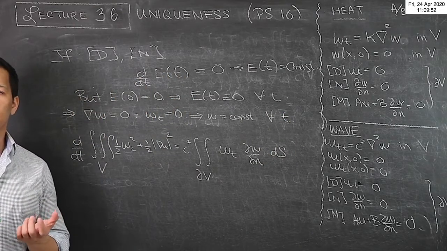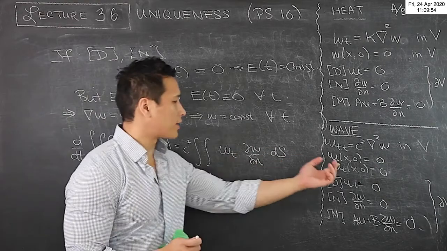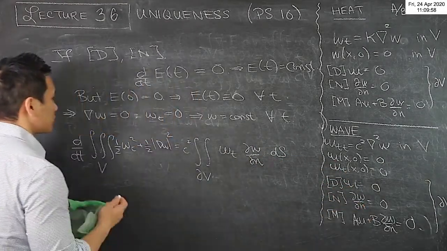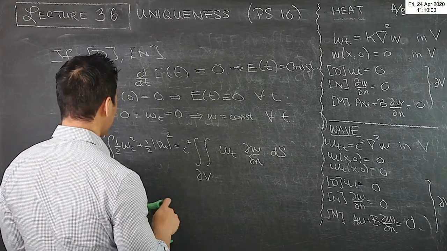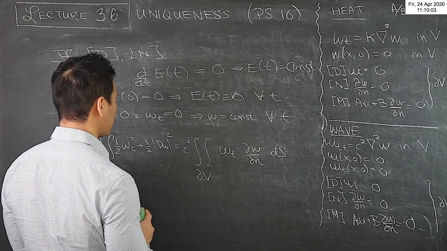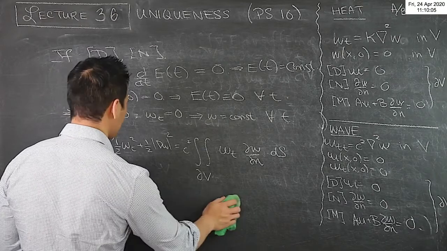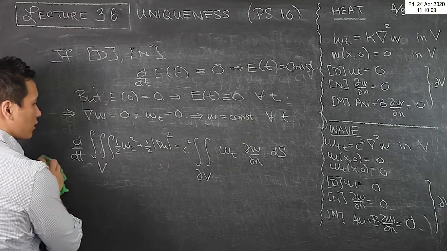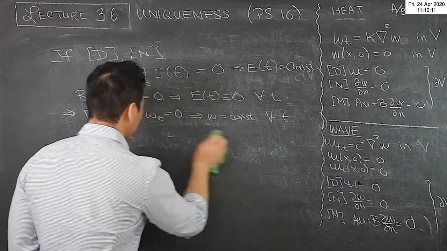Finally, what does this constant value have to be? Well, you know that w has to be 0 on the boundaries. For the case of the Dirichlet condition, you know that w has to be 0 on the boundaries.